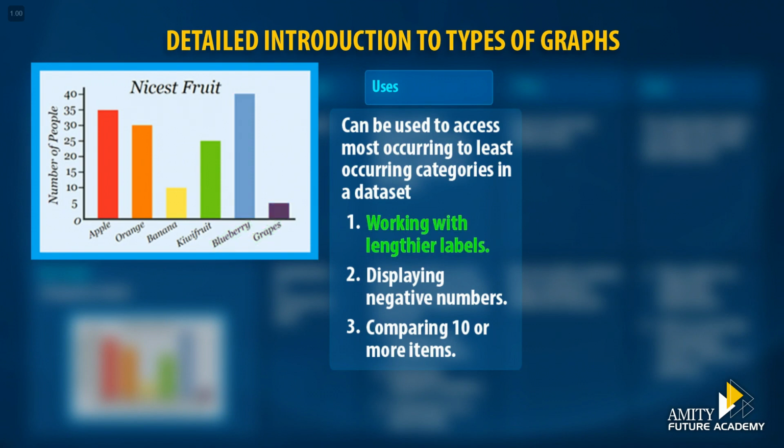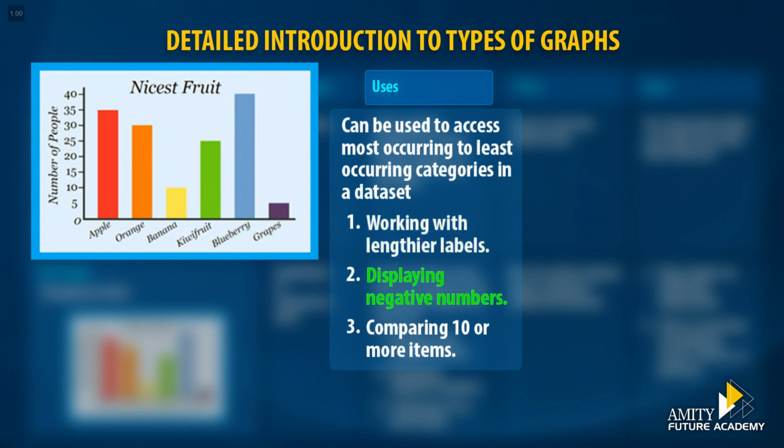Now, working with lengthier labels. Working with lengthier labels means that I can see a huge change in two data points. Here I have a lot of data available for blueberry but less for grapes. Even then it is easy for me to understand the difference between the two.